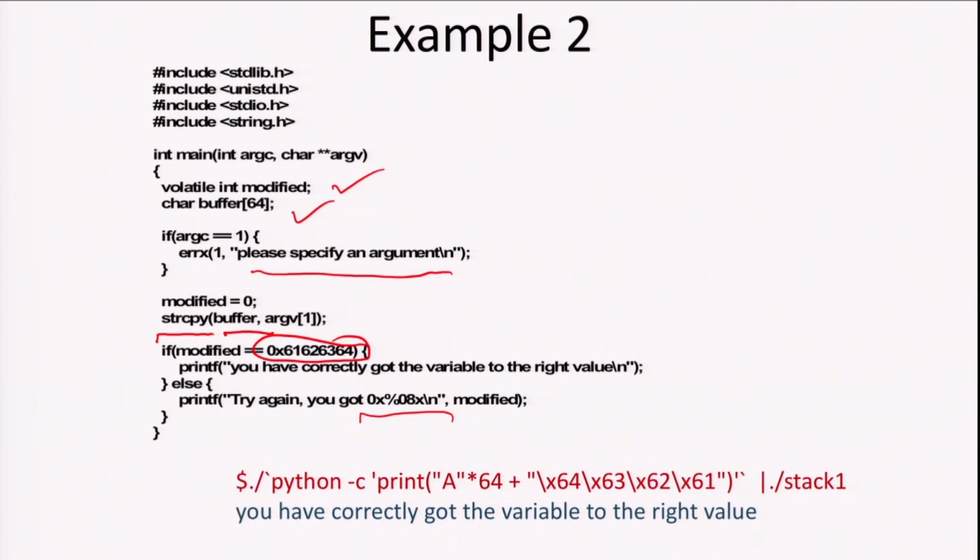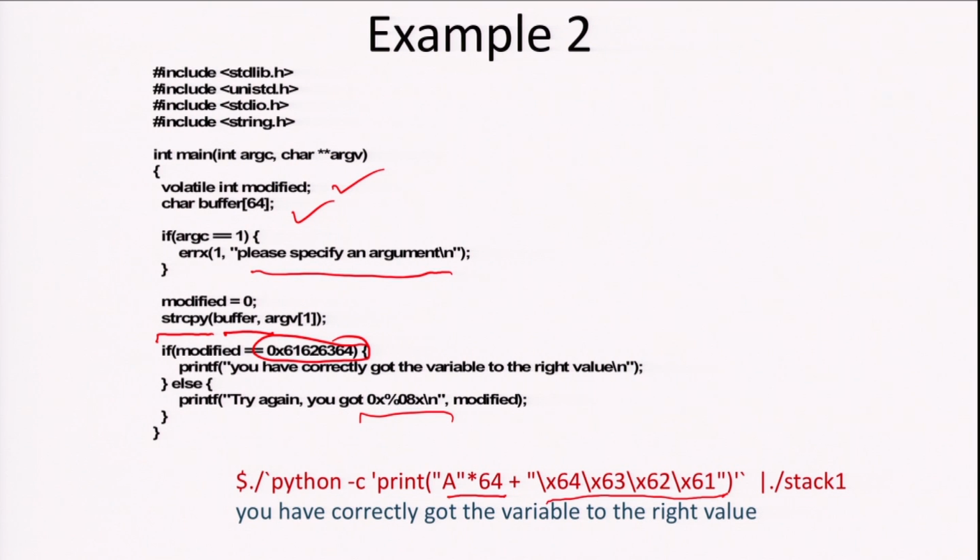So in this case, we'll again use the Python script to create a string of 64 A's followed by 64, 63, 62 and 61 in hex. There is a reason for doing this, and we'll explain that later, because here we are looking for 61, 62, 63, 64, and here we have that in the reverse order.